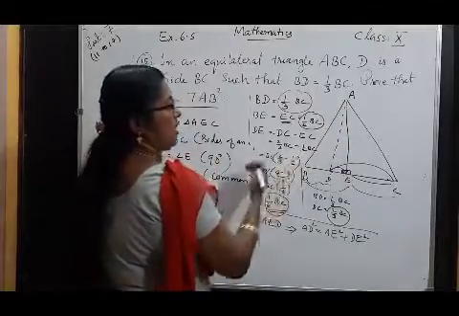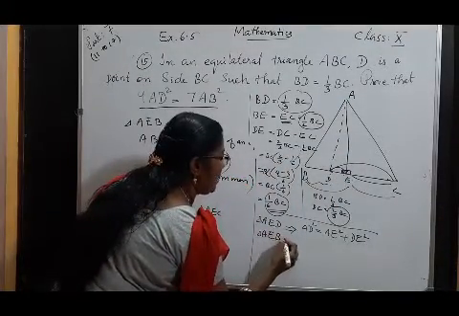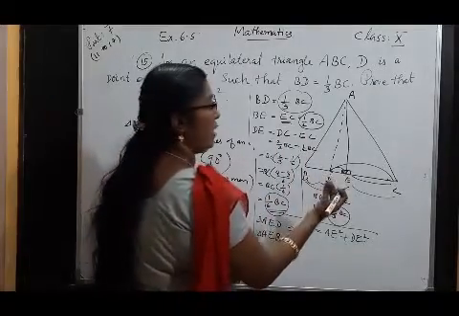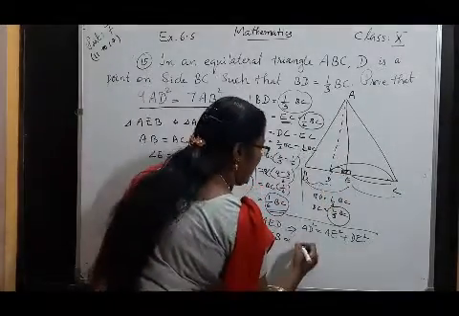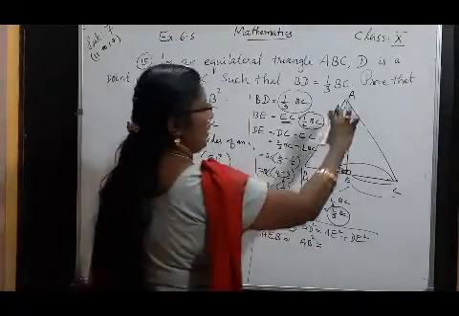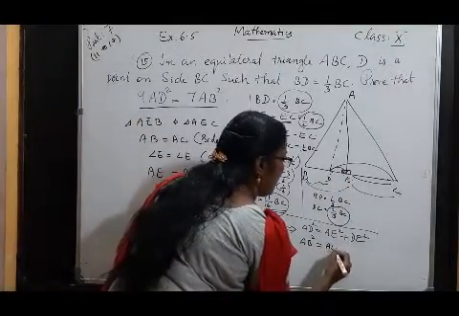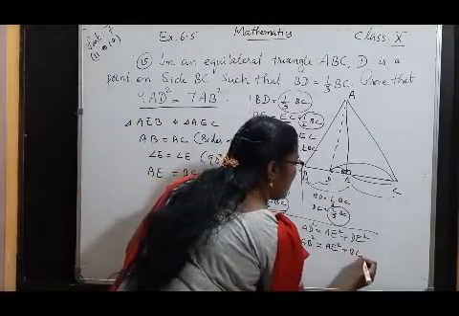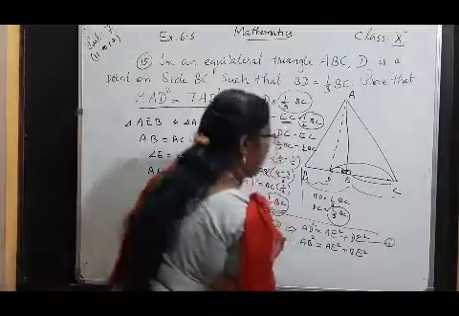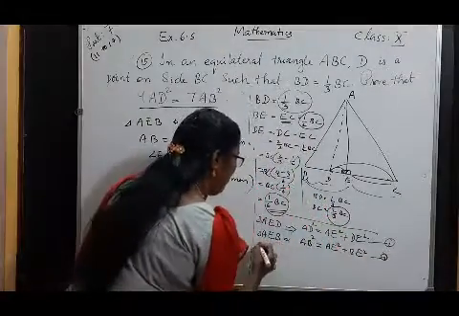Then the next triangle AEB, that is also a right angle triangle. Hypotenuse is AB. AB square equal AE square plus BE square. This is equation number 1. This is equation number 2.